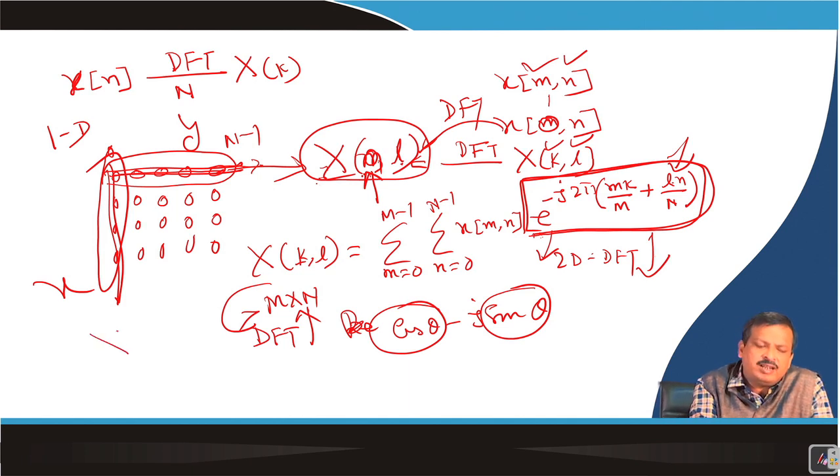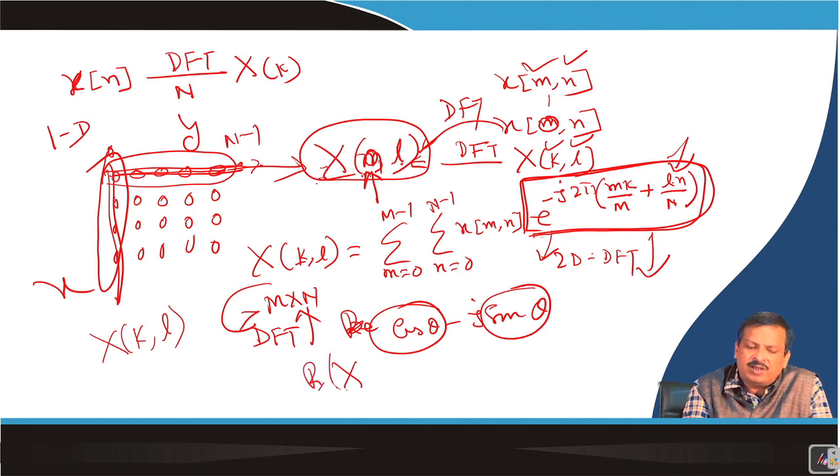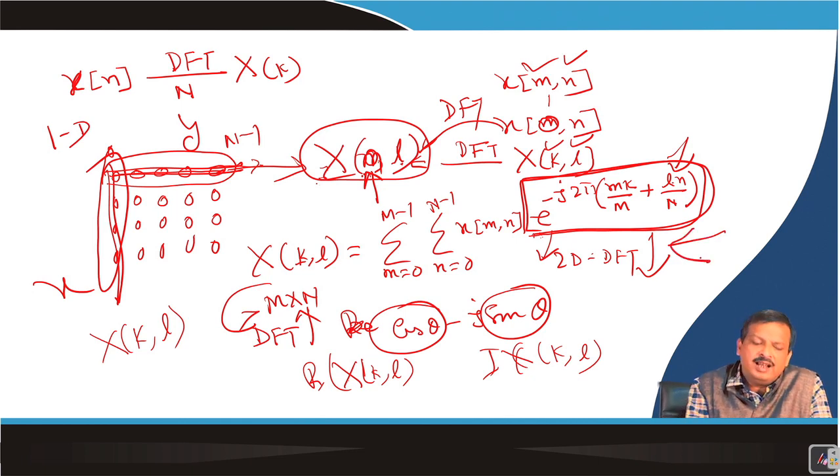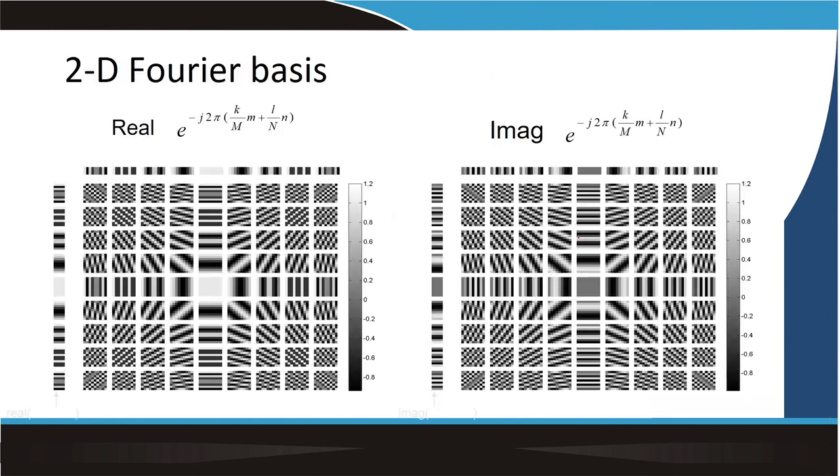If I plot only the real part of the basis function, it will look like this. If I plot the imaginary part of the basis function, it will look like this. The real part is also a 2D and the imaginary part is also a 2D. That is the Fourier basis.